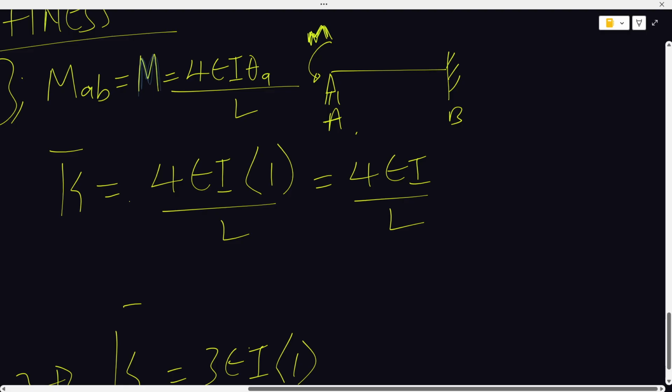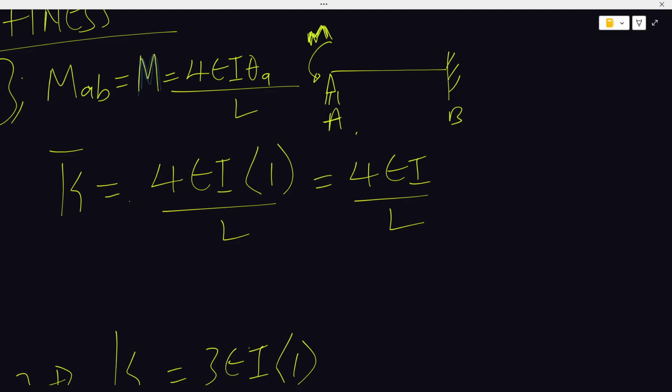There's now something called relative stiffness, or member stiffness. Relative member stiffness applies when your members have the same elastic modulus. If your members have the same elastic modulus, there's no need to put E for each of the members.